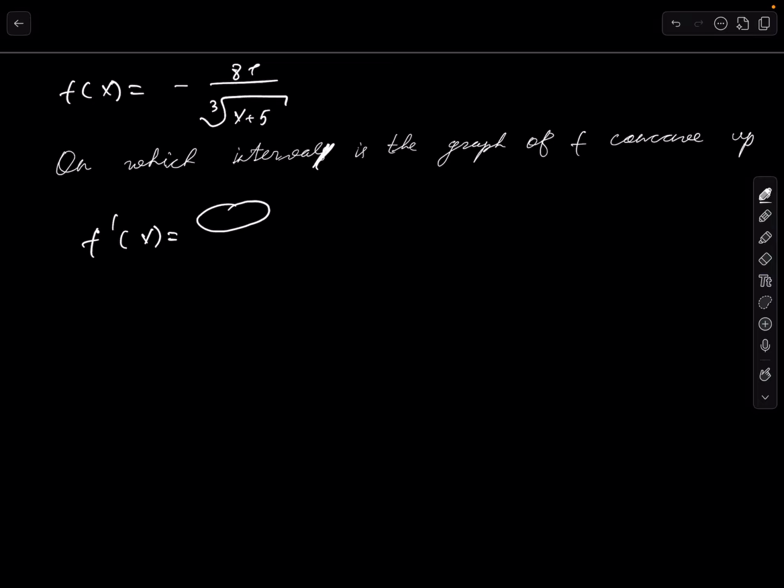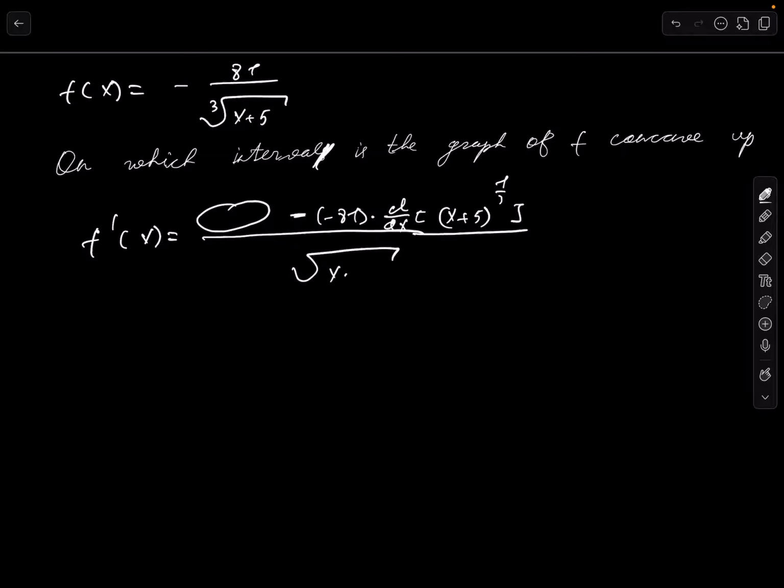It's going to be 0 minus just the first function times the derivative of the second function. And here we have just the second function squared.